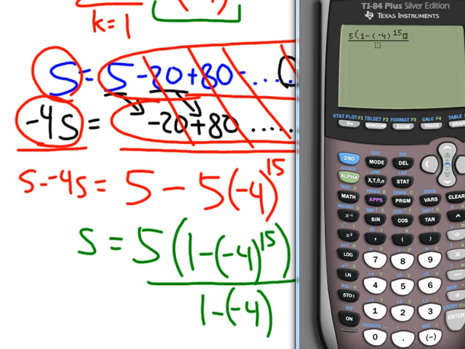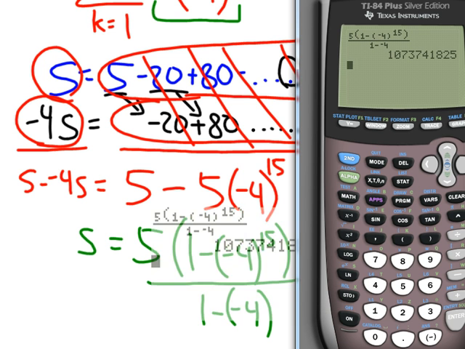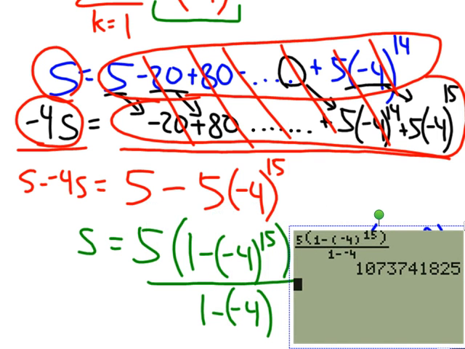And at negative 4 to the 15th power, I can tell that's going to be a big number. Over 1 minus negative 4, and that is our answer. A big number which roughly matches my yearly salary in millionths of a penny, perhaps. There we go. That's our final answer.